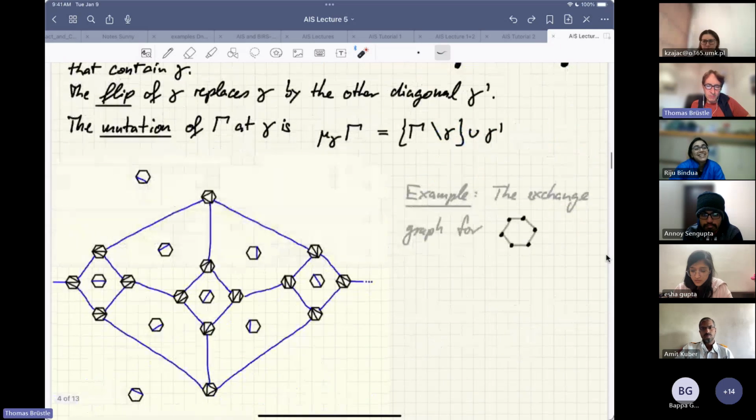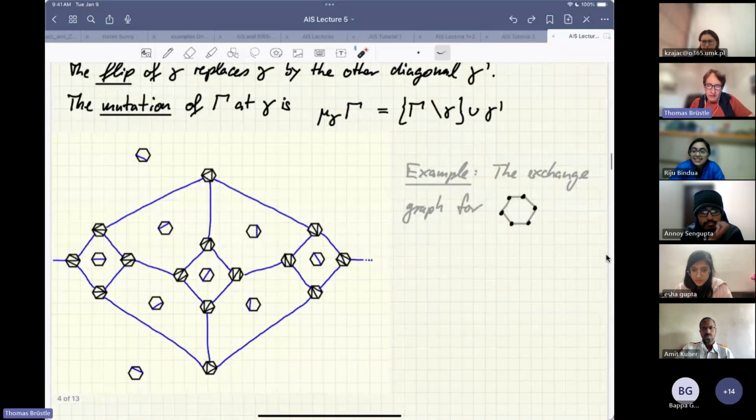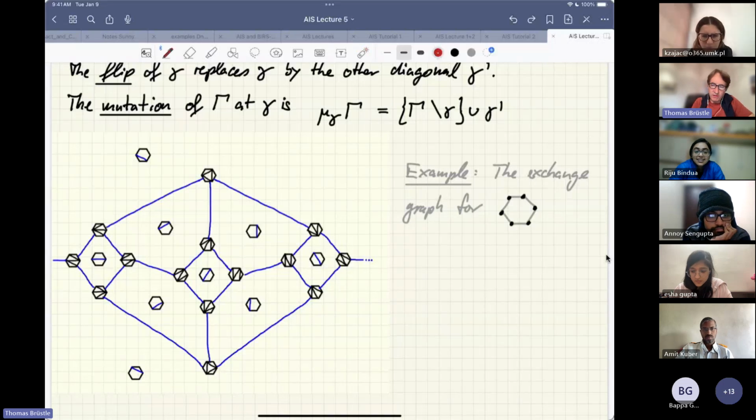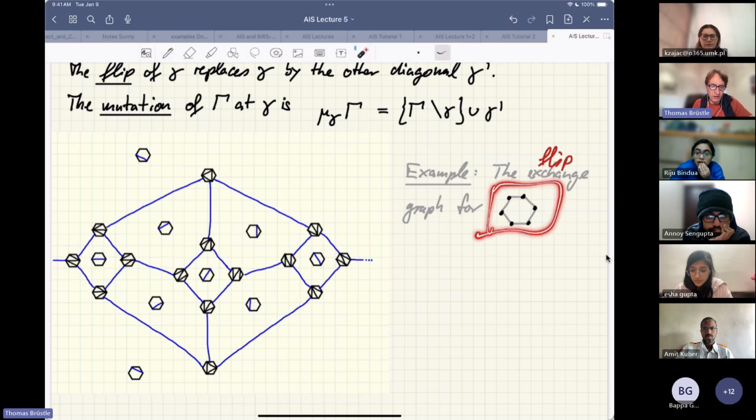Okay, here are some examples. This is now the exchange graph, meaning the flip graph, for the hexagon. I did the work for you. I drew it already, so I can start with any triangulation of the hexagon, like this one.